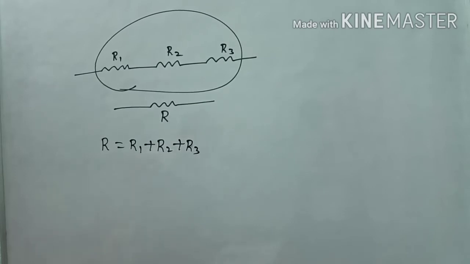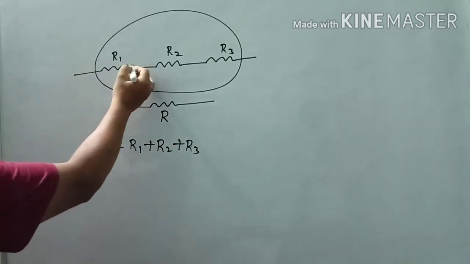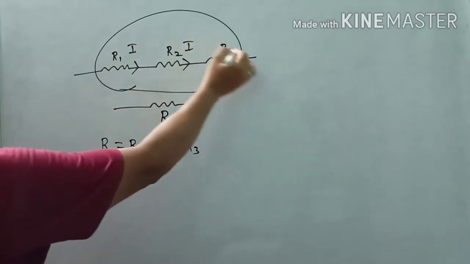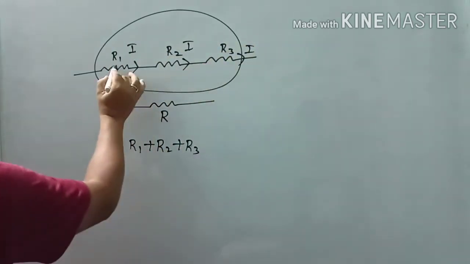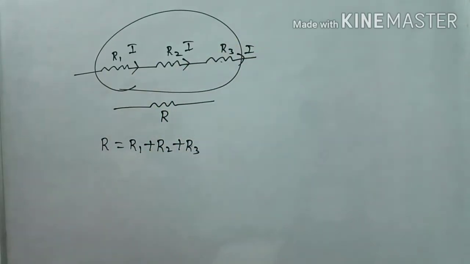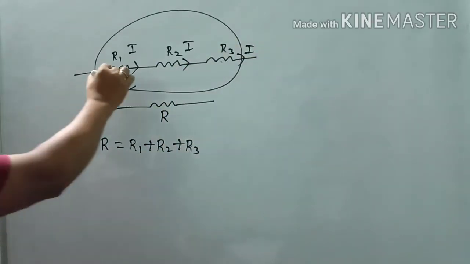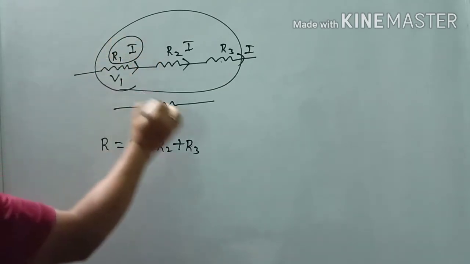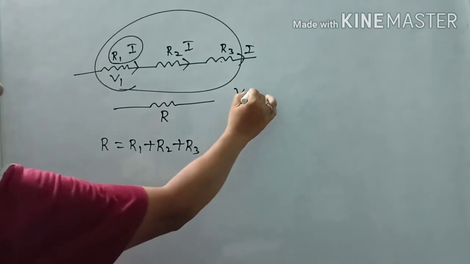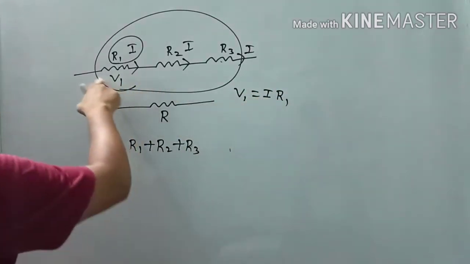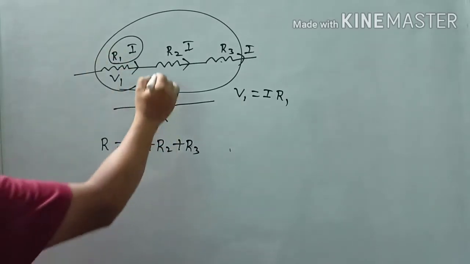So what important point you have to remember? Current is same in all. Current I, it is current I, it is current I. I mean same current will flow in all resistances, and the voltage drop here is V1, that is I into R1. So one writes V1 is equal to I into R1, voltage drop across this.